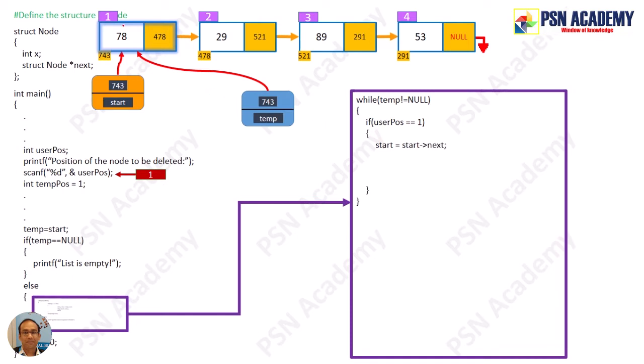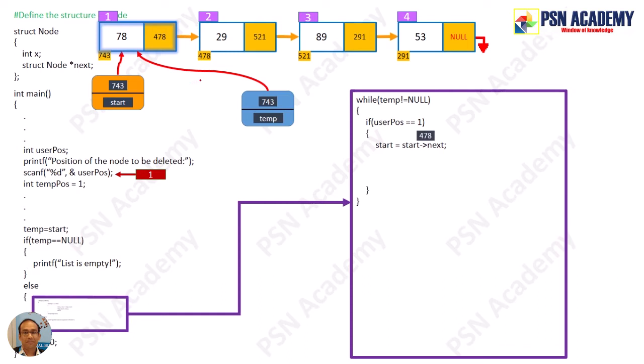Why? Because if this first node has been deleted, then the node at 478, which is the second node now, will be the first node, right? So, start should point at the second node at 478, which will be the first node after deletion of this node at 743, right?